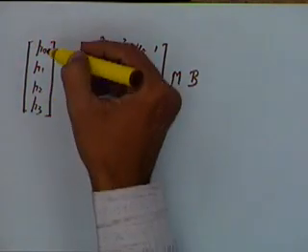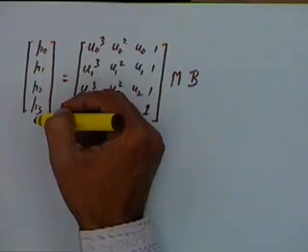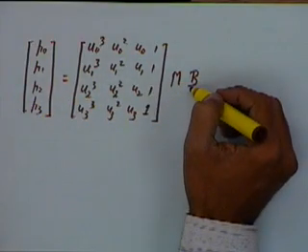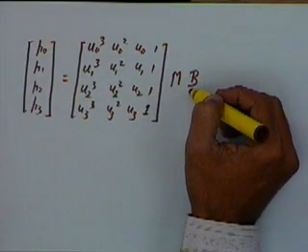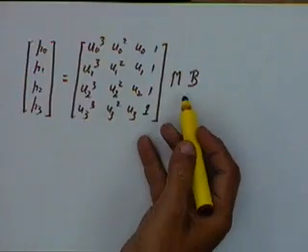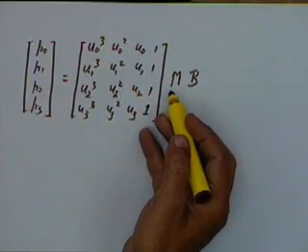Now if P0, P1, P2 and P3 are given and I want to find this matrix B, all I need to do is find the inverse of these two matrices.